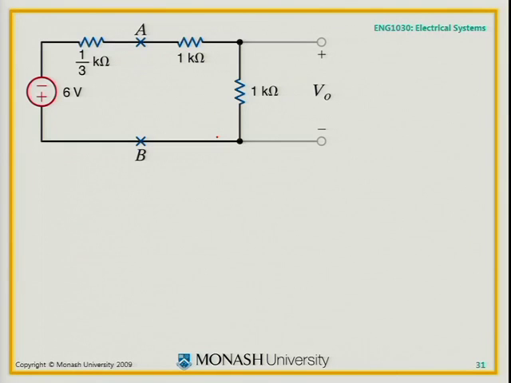So I replace my circuit with its Thevenin equivalent. Notice the sign there. I've flipped the plus and the minus because the Thevenin voltage was minus 6 volts.